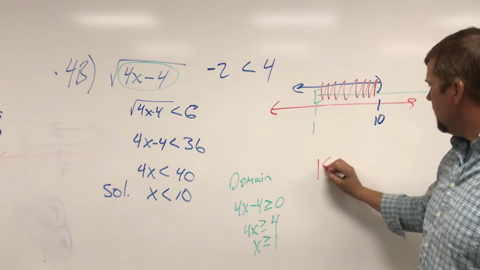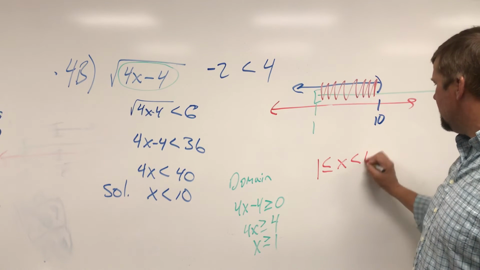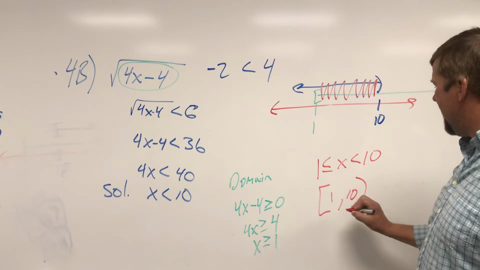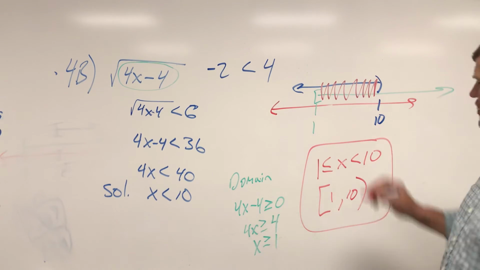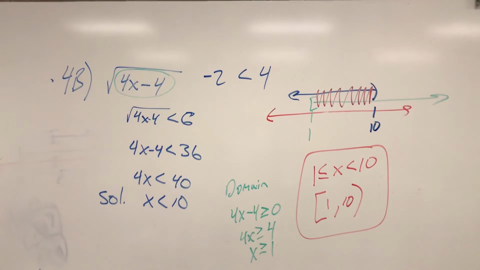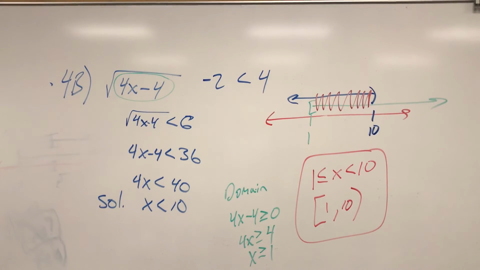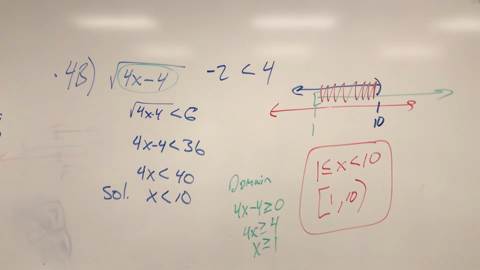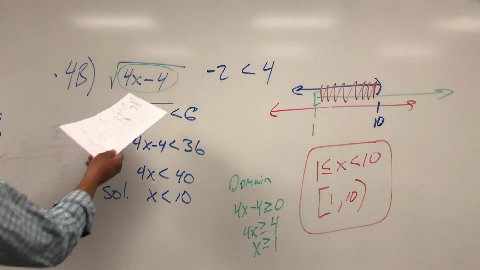So 1 is less than or equal to x is less than 10, or you could say 1 all the way up to 10 using interval notation. Those are our solutions. Hopefully that makes sense and you understand how inequalities have a little bit different of a solution because you have to take into account the domain.